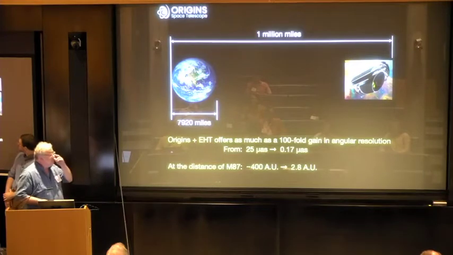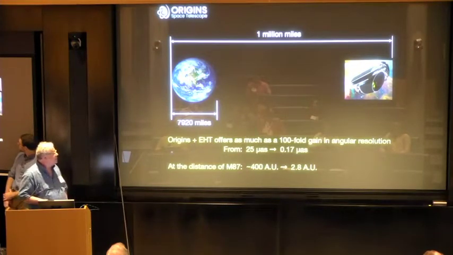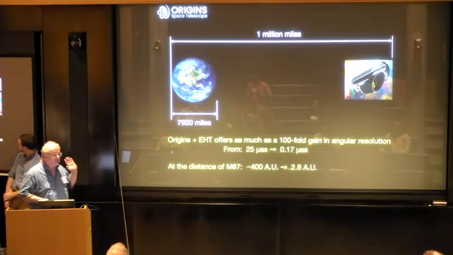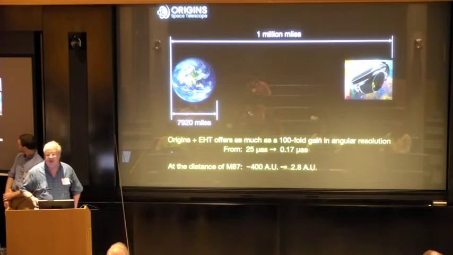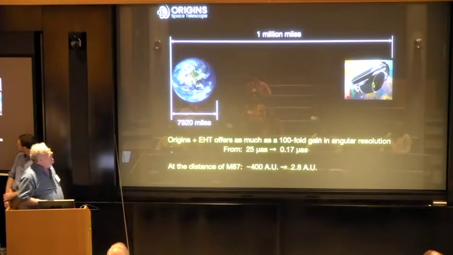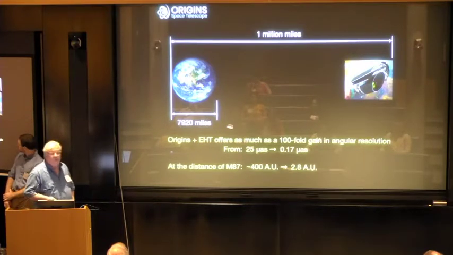Let me remind you what advantage this would bring, and Dom is going to put a lot more meat on the bones. But right now, the Event Horizon Telescope synthesizes an observatory roughly the size of the diameter of the Earth. Adding Origins to the Event Horizon Telescope would offer more than 100-fold gain in angular resolution.